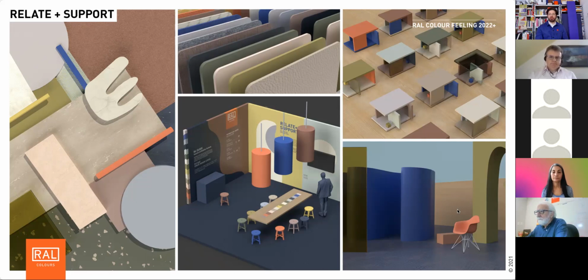Of course, this works better and better, and the digital material representations also have great advantages for evaluating colors. In the middle, you see a design for the World Industrial Design Conference in China, for example, and above the design of a material box with the current trend collection.